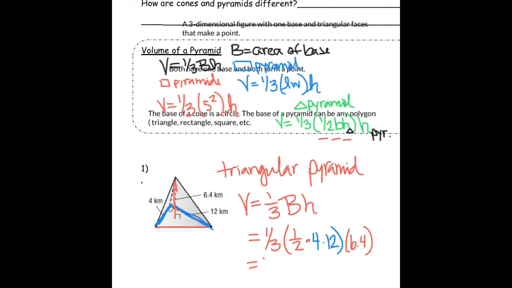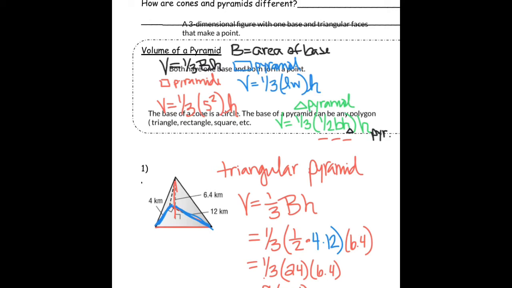All right, so I have 1/3 times, well, half of 4 is 2, and 2 times 12 is 24, times 6.4. 1/3 of 24 is 8, so I have 8 times 6.4, which equals 51.2. My units, kilometers cubed. So the volume of this triangular pyramid is 51.2 kilometers cubed.